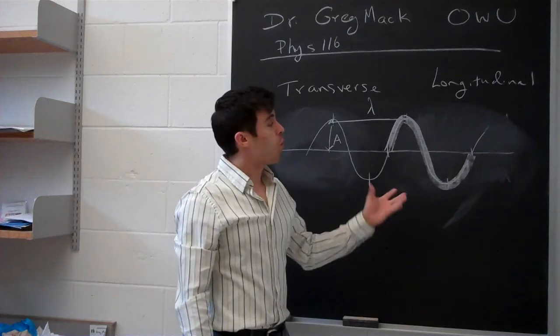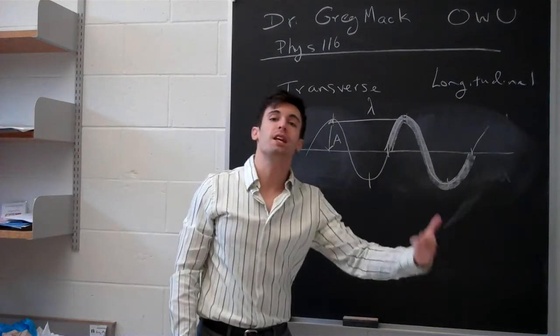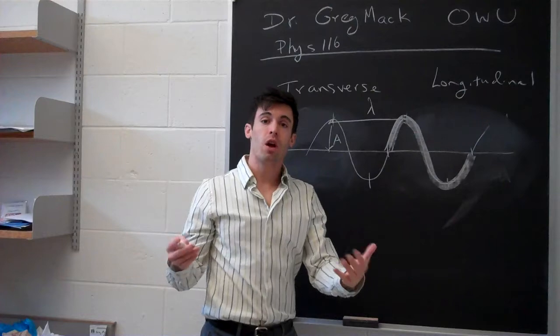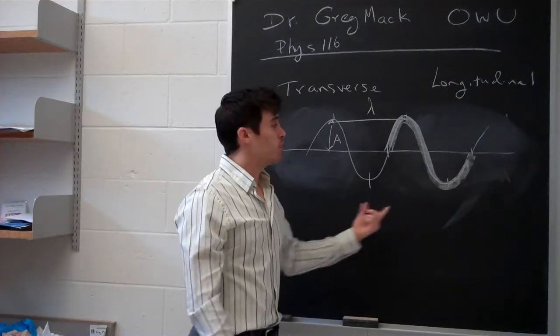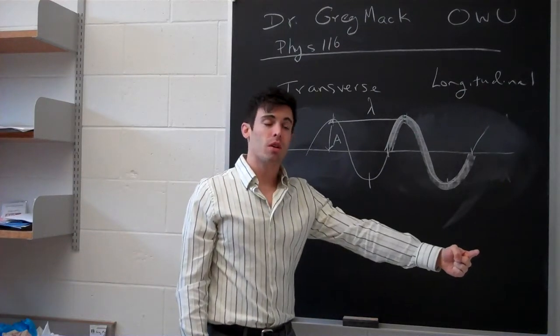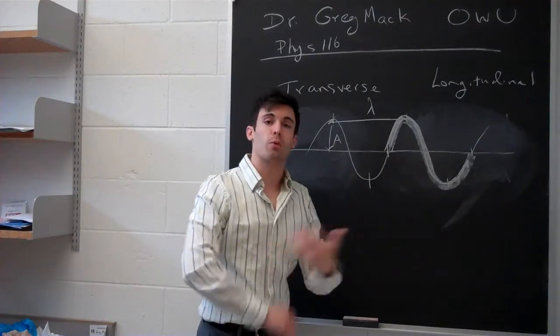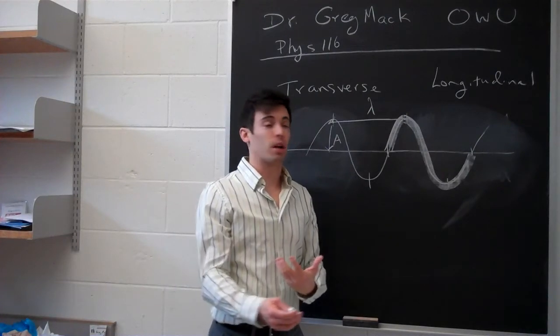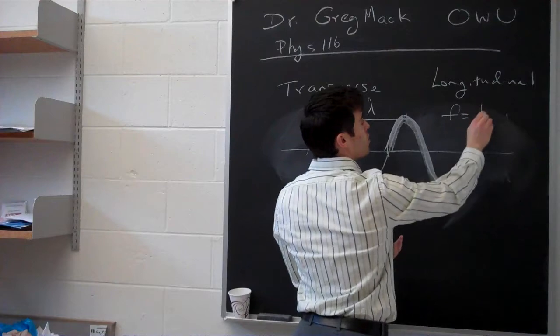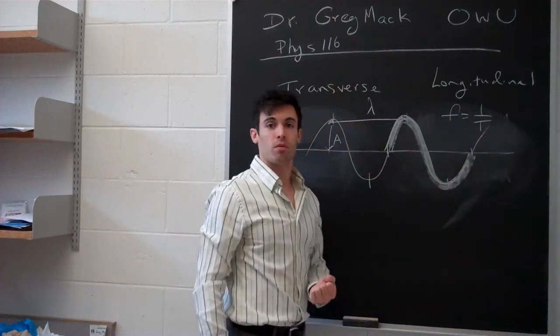So the time until the wave starts repeating itself, that's the time for a period. The frequency is the number of peaks that pass by in a given time, and that would be 1 over the period, just like we had for the idea of simple harmonic motion. So f equals 1 over T.